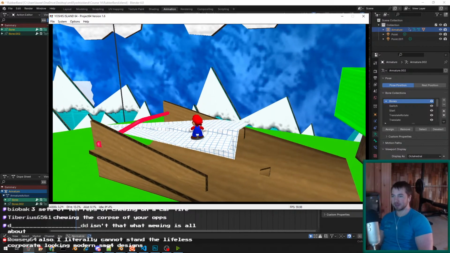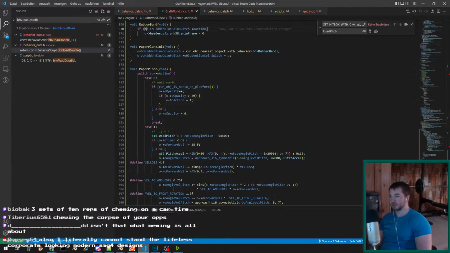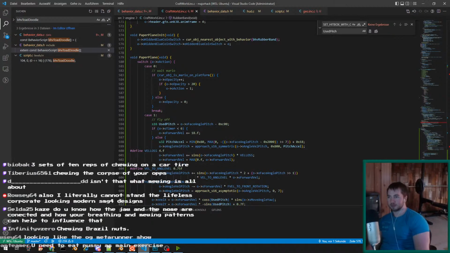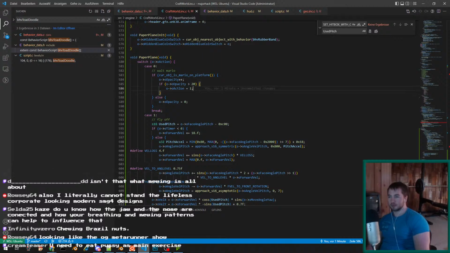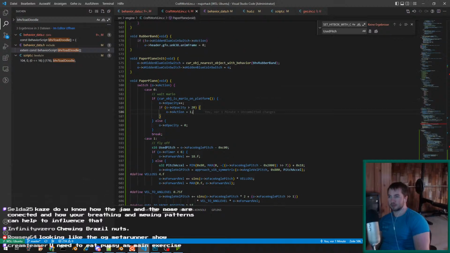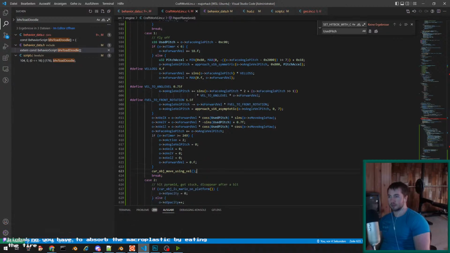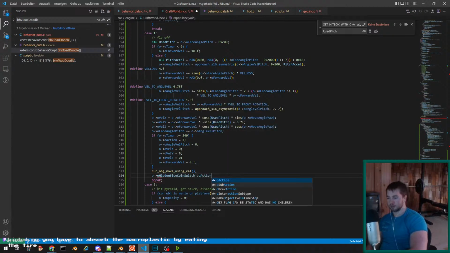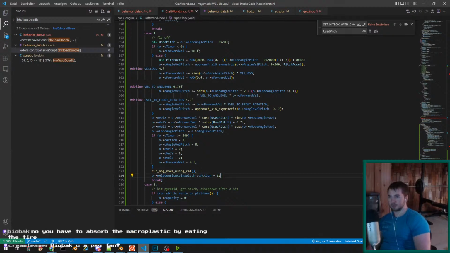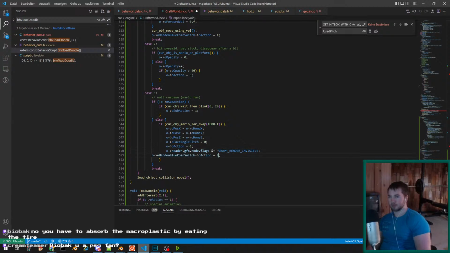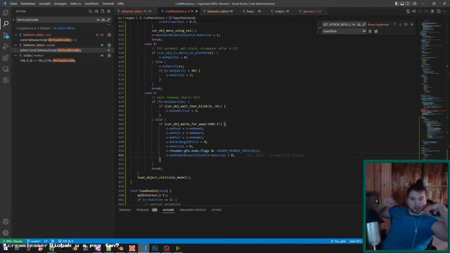That's awesome. No, you have to absorb the macroplastic by eating the tire. Oh, you have to eat the whole tire.